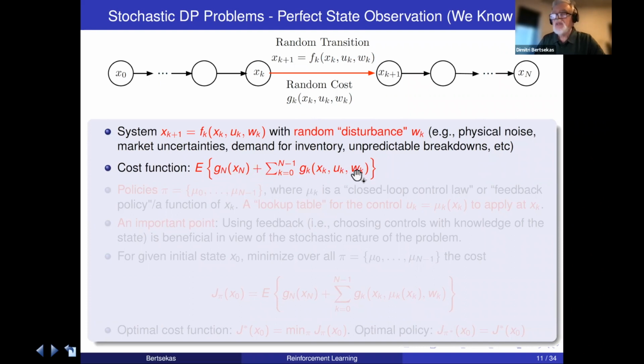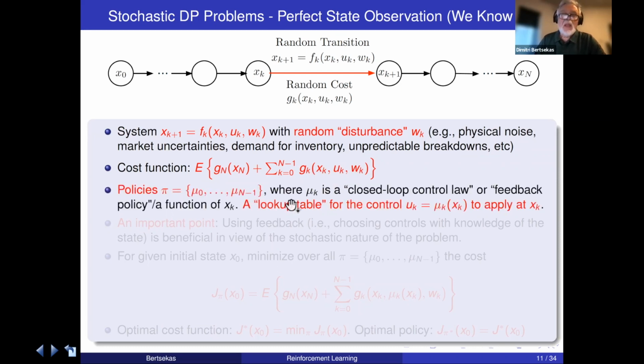However, this cost is random. It is random because it involves the random variables WK. So to obtain a number, we're going to take the expected value of that, and we're going to call this the cost of a sequence U0 up to UN minus 1.